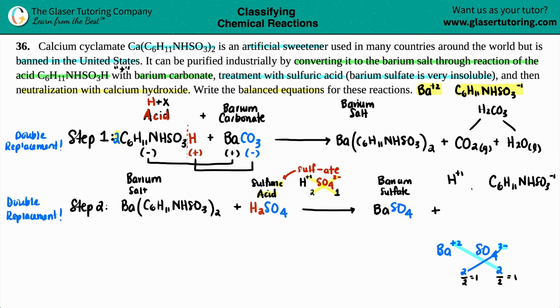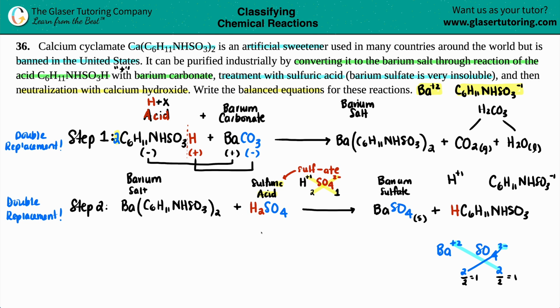So we have the 1 hydrogen. It's a 1-to-1. So we can just say that it's the H and then C6H11NHSO3.